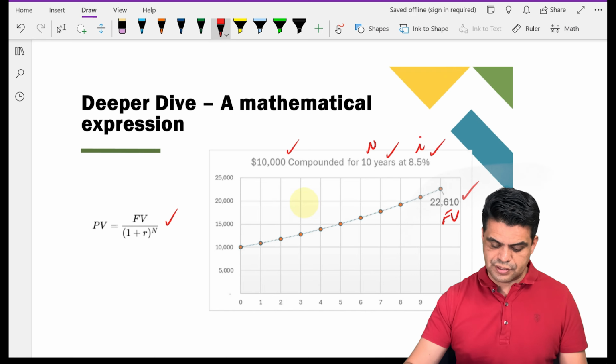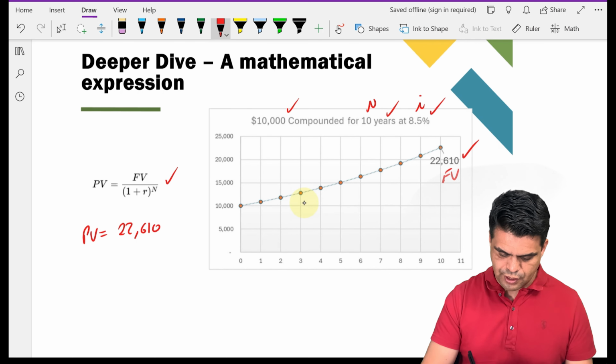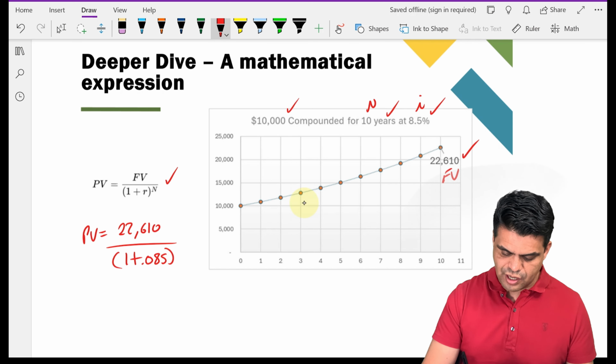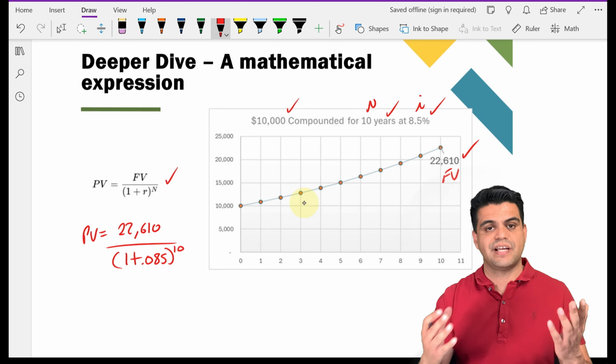If we were to put this into our present value formula, we have 22,610 over 1 plus the rate, which we need to convert from percentage to decimal, and then for the time periods, it's 10 years. You guys can go ahead and put that in your calculator.